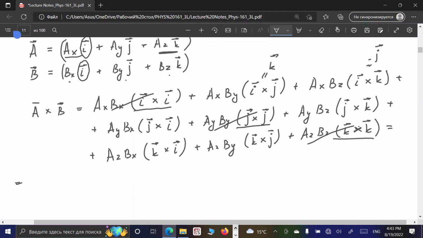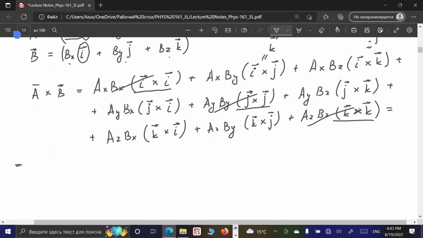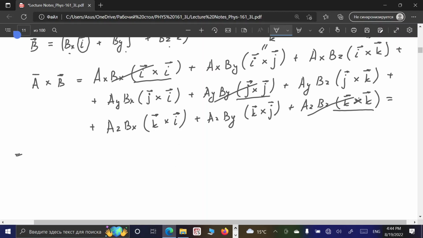And then we follow like this for all of these products which are not equal to 0, which we don't cancel out. As a result, we can group those terms which have the same unit vectors next to them. So eventually we get the following.